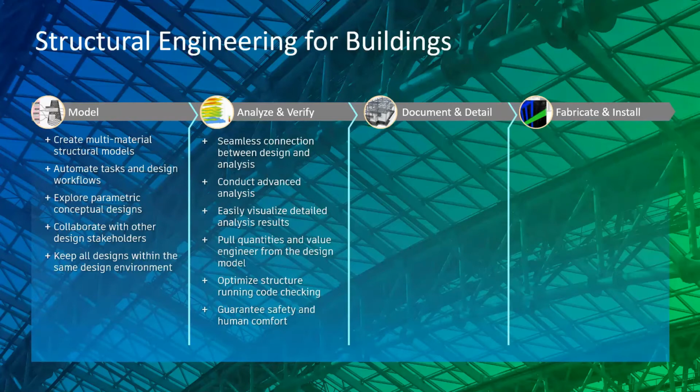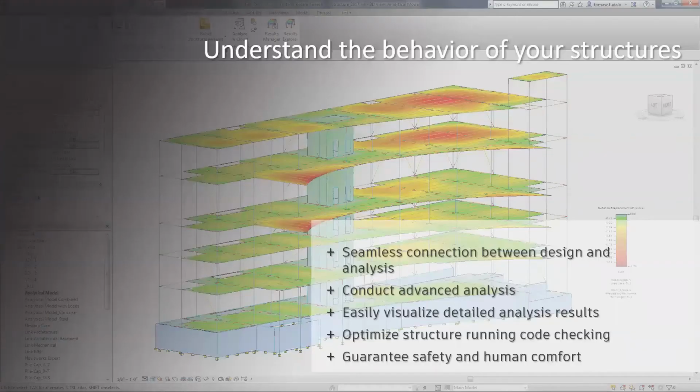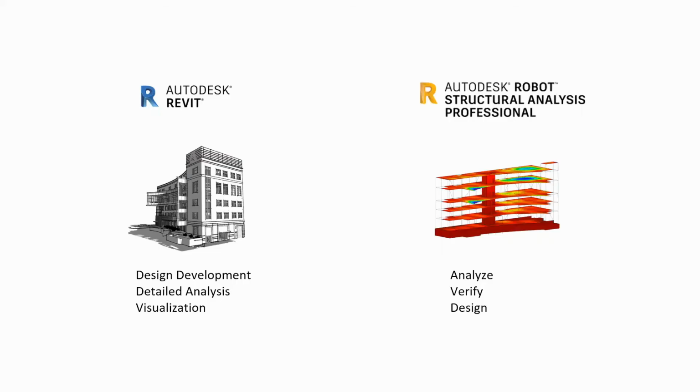We do this with a link between Robot Structure and Revit. Revit has the ability to analyze internally as well, but for more detailed analysis, we'd use Robot Structural Analysis Professional.